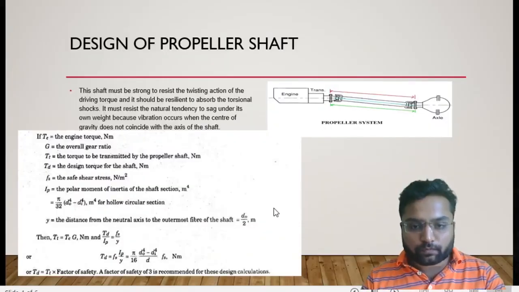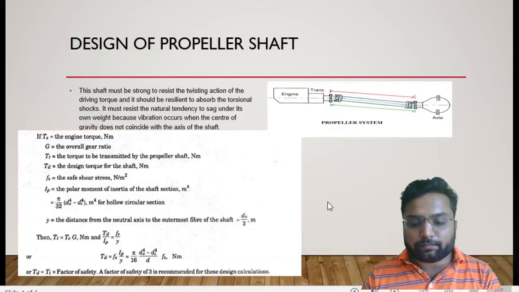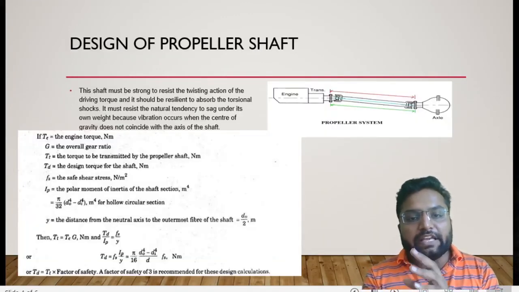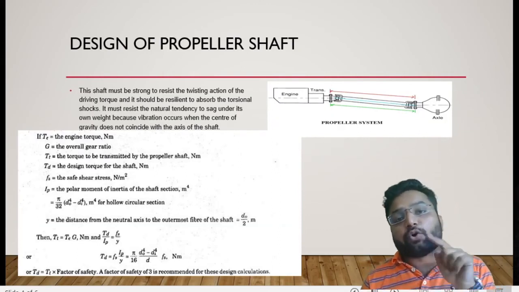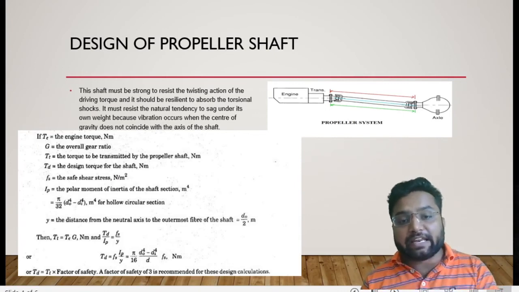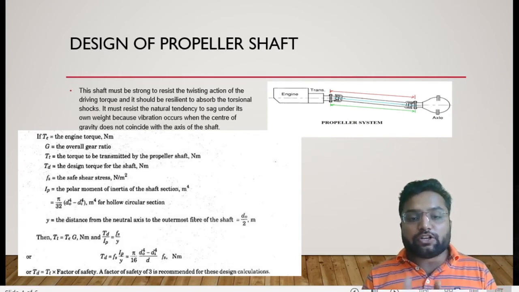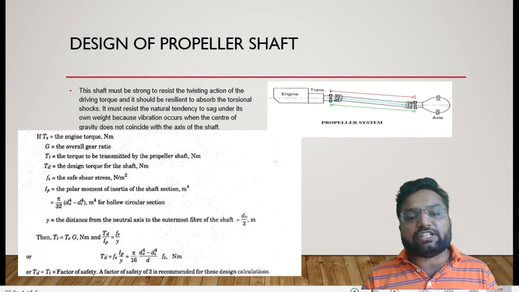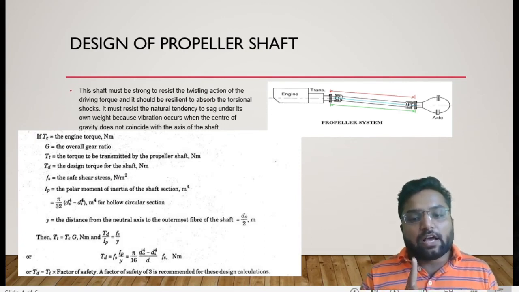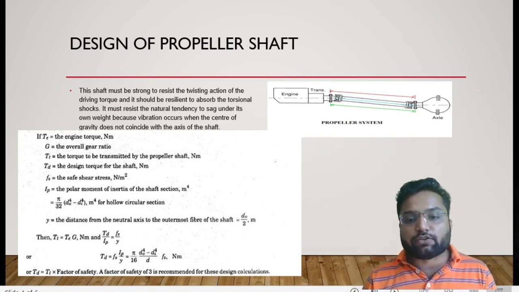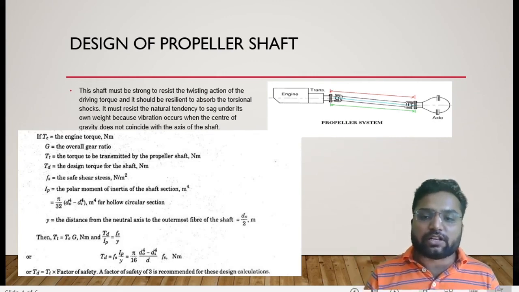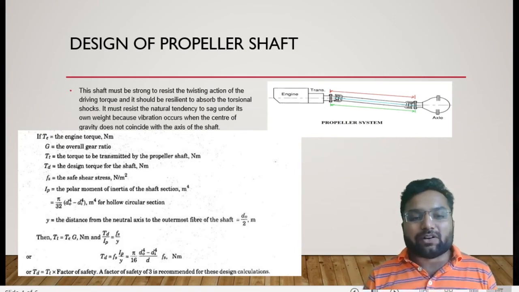Here you can see that Te was the engine torque, Tt was the torque transmitted by the propeller shaft, and Td is the design torque which we are going to decide depending on our gear ratio, which is G. So Tt is equal to Te into G. Ultimately we will find our Td, which is pi by 16 into do raised to 4 minus di raised to 4 upon do, into the limiting shear stress. I hope you understand this design.